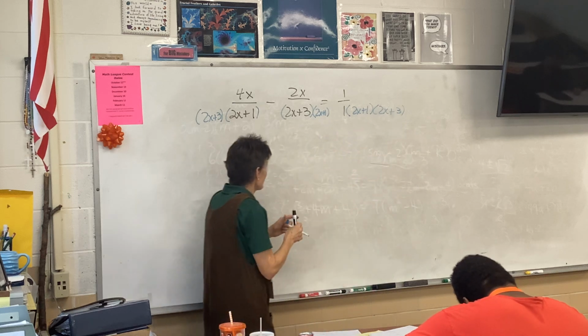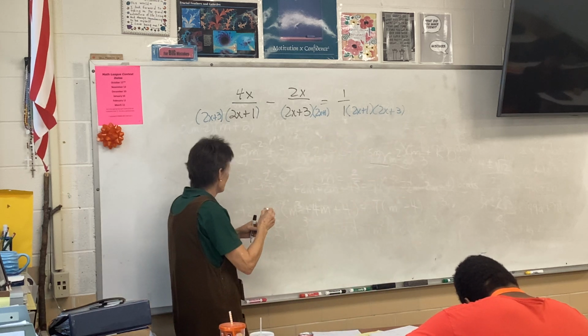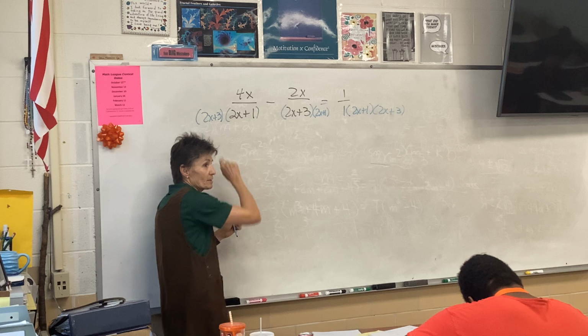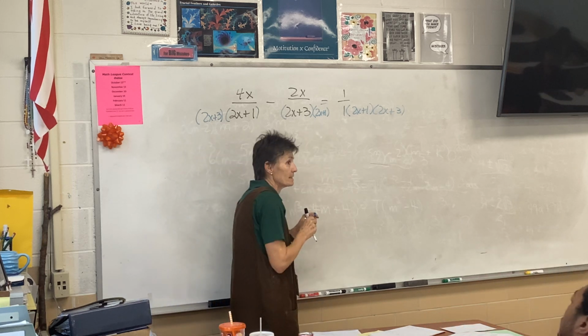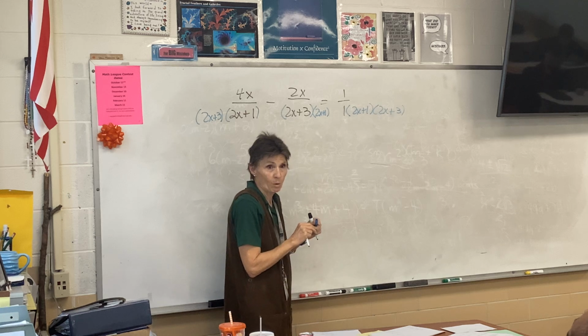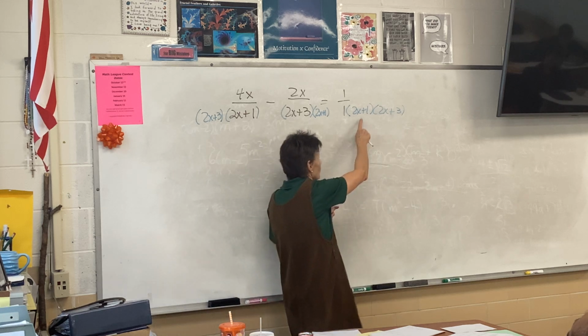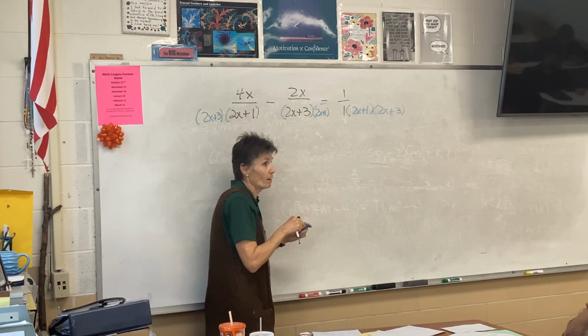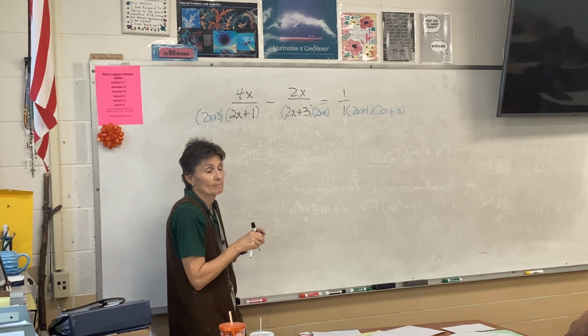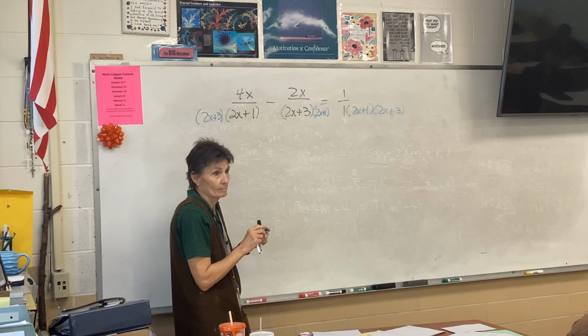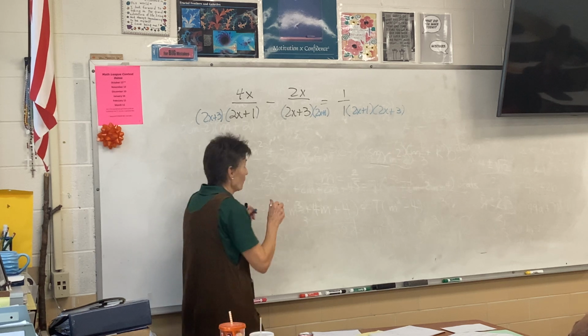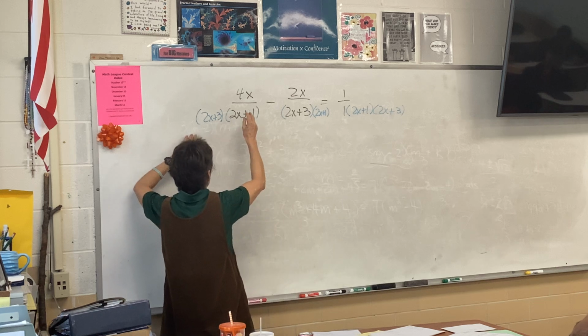So the first fraction needs a 2x plus 3. The second fraction needs a 2x plus 1. And the third fraction needs them both.